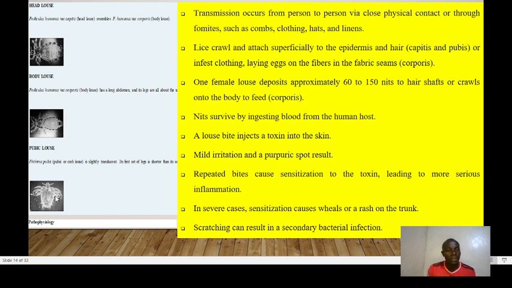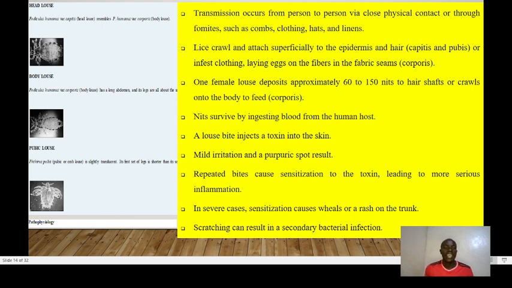So on the pathophysiology, you find that transmission occurs from person to person via close physical contact or through fomites. Okay, these are just elements that can be used to transmit or spread diseases, and this could include the combs, clothing, hats, linen. Remember, fomites are inanimate objects.